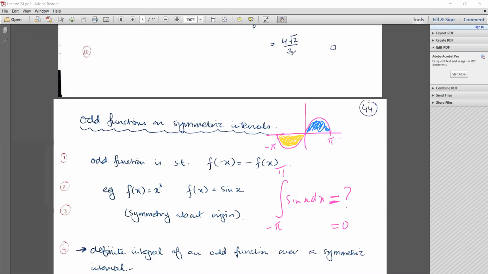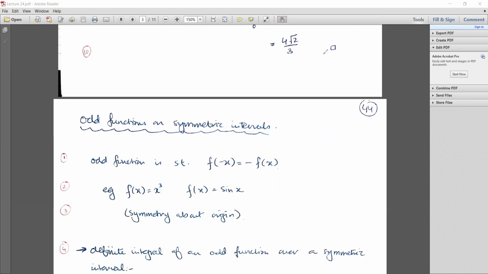So this is just a specific example, but in general, the definite integral of an odd function over a symmetric interval. What do I mean by a symmetric interval? An interval that is symmetric about the origin. So minus a to a, where a is any real number, right? So the definite integral of an odd function over a symmetric interval is always 0.